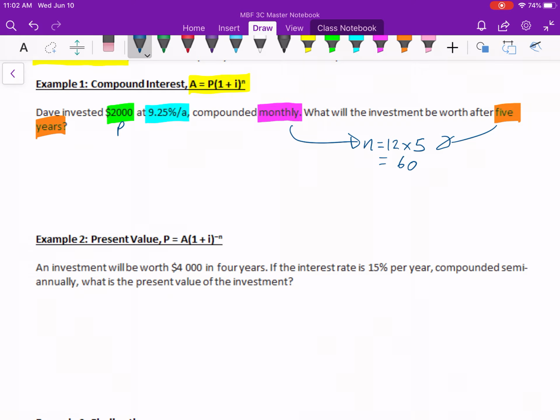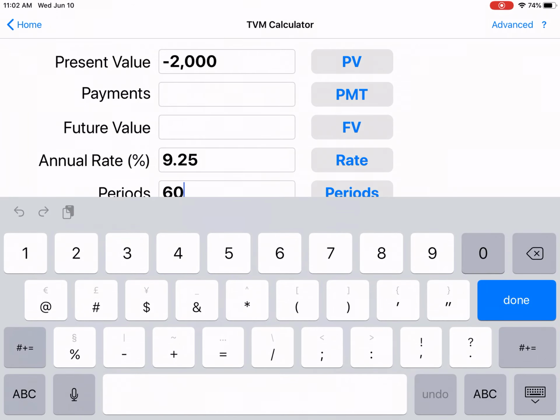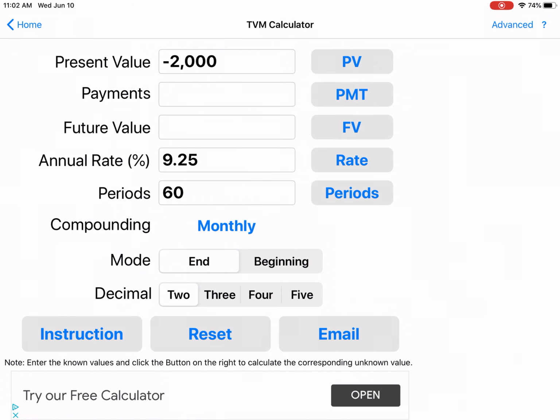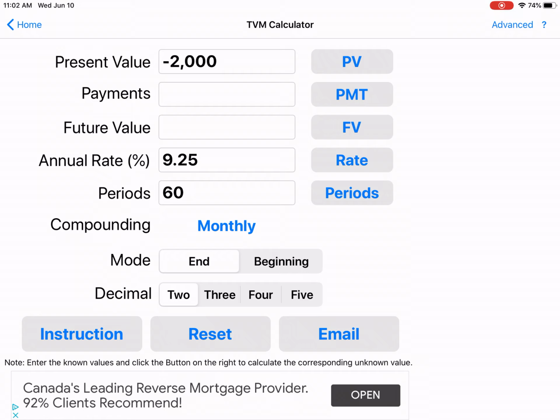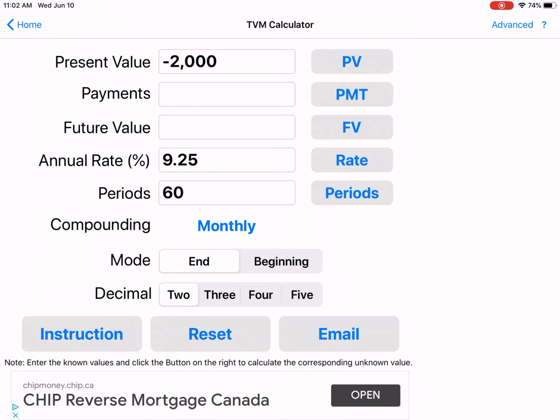So we actually do need to do that one calculation. So it's 60 in this case. Again, they could just as easily have asked me how many years it was, and I could have put 5 in there, but that's not the way this one's set up. So I need to put that in there.